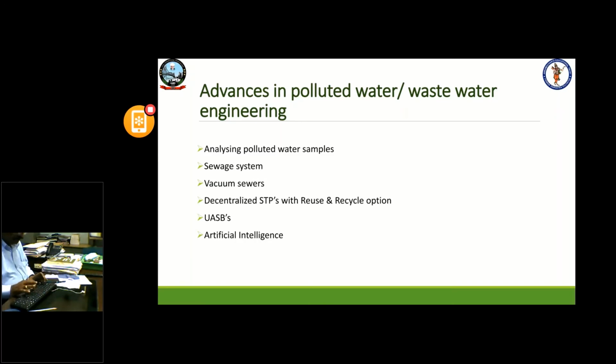One more advance is the vacuum sewers. Vacuum sewers are one of the advances in wastewater engineering or polluted water engineering, which can be used in siphon conditions. Wherever there are undulations or higher altitudes, you can go for these vacuum sewers. You can also use trenchless technology for the sewage system.